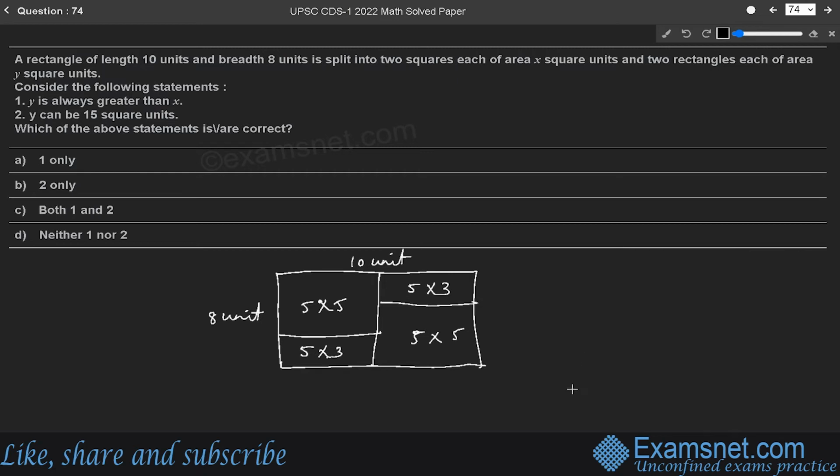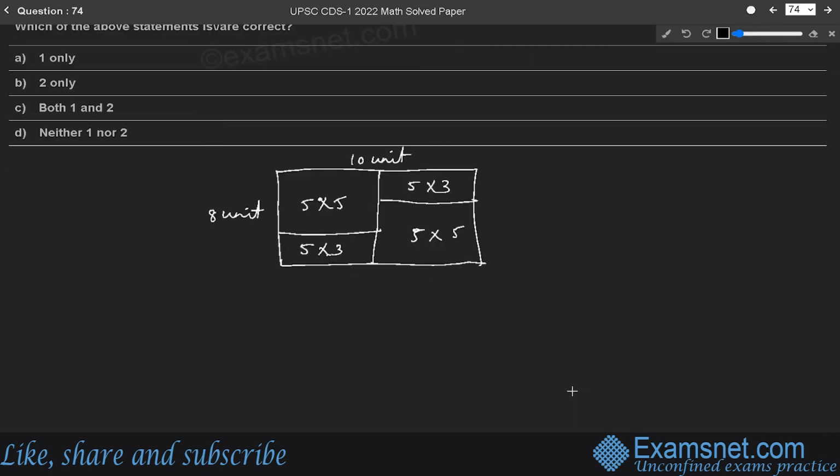So using the formula for area of square, here area of square will be, you can see that the side of the square is 5. So it will be 5 square, which is 25 unit square. And we know that in the question it is given that area of square is x. So x is equals to 25 unit square.